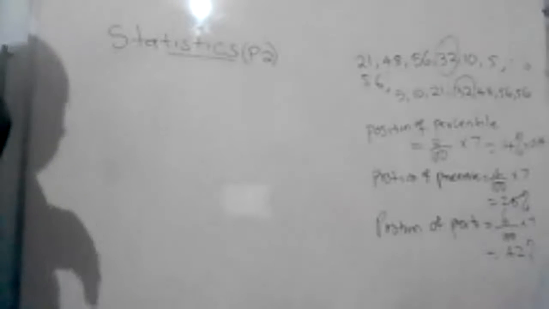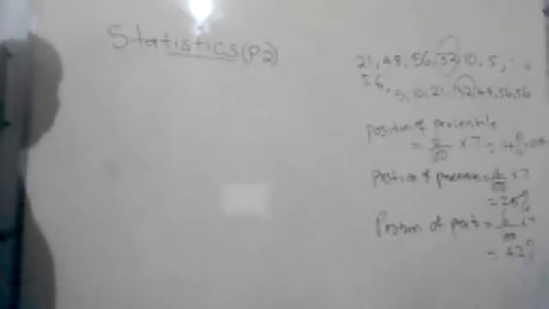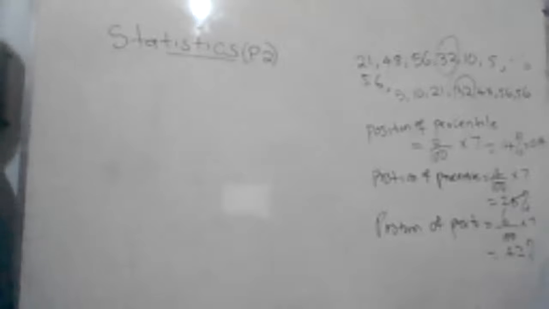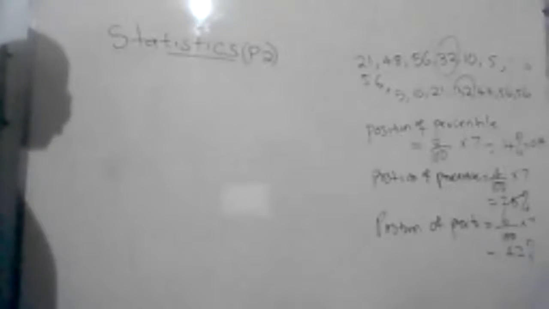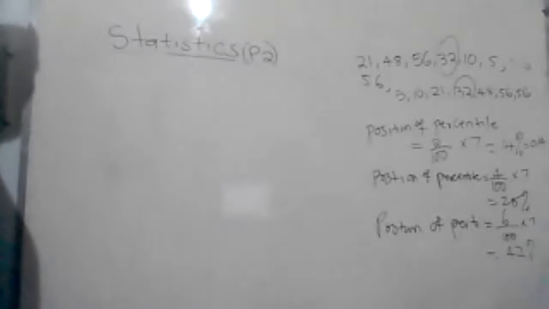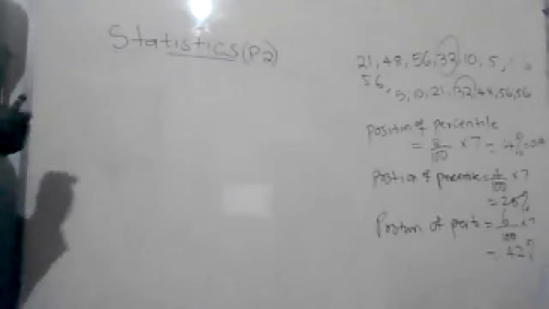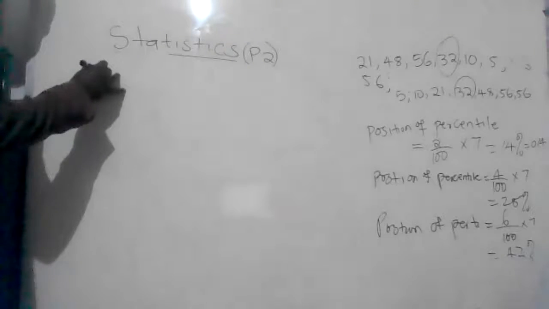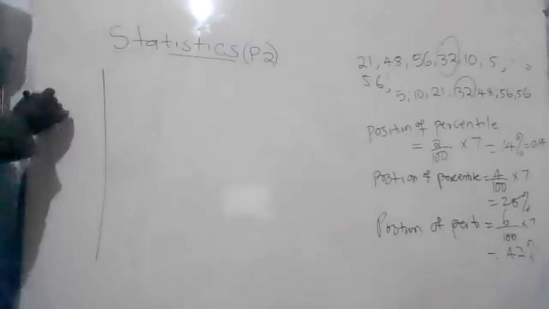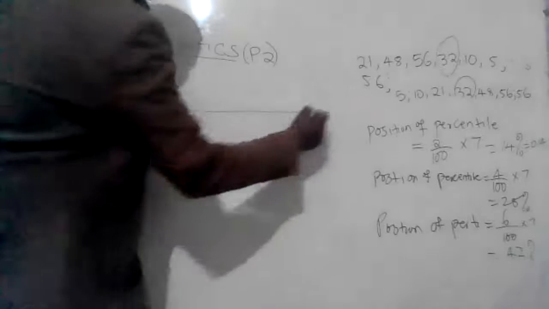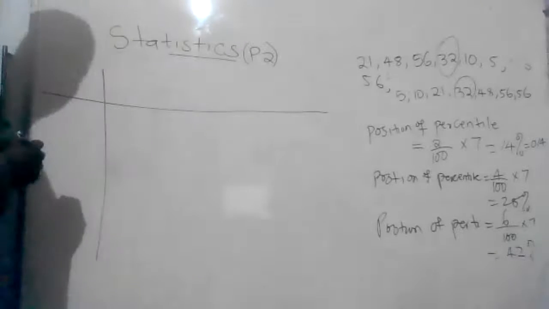This time around it is simple because you can also do it on your calculator, but I don't encourage you to do the standard deviation and the variance on your calculator only, because sometimes you may get it wrong from the calculator, then you must be able to do it manually. So this is how you do it manually. You draw a table. There is no shortcut here except using a calculator.